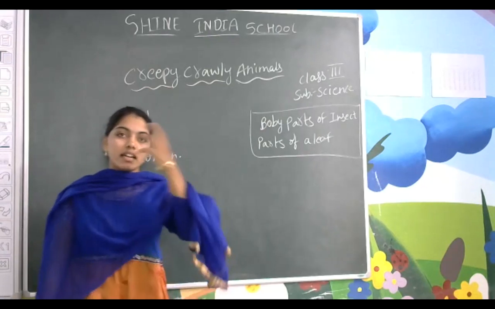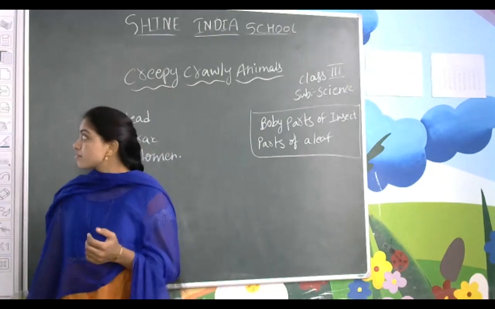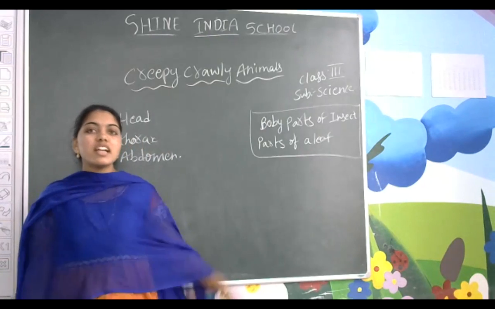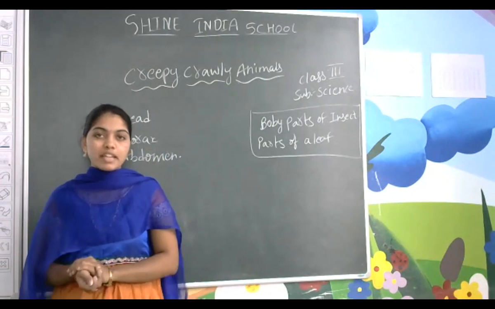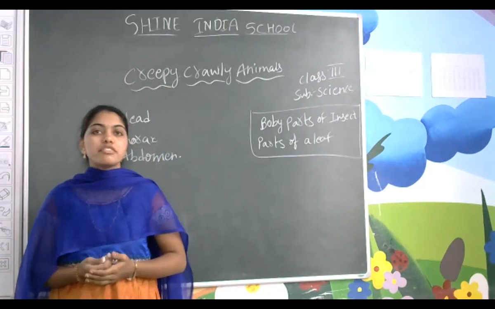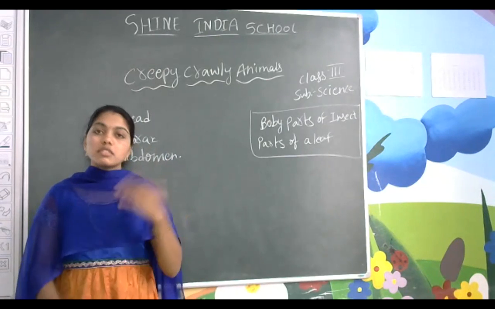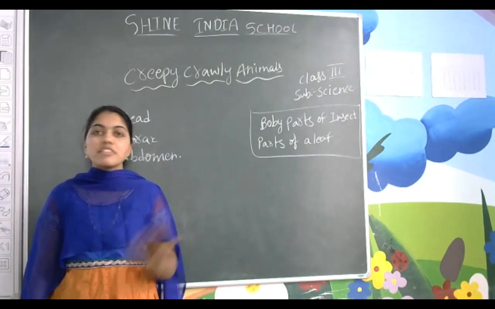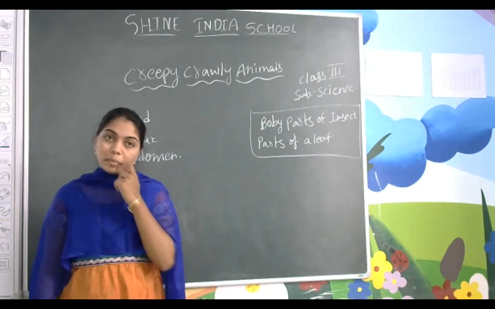Because of that, their body structure is divided. One more thing: every insect or animal needs to move from one place to another in search of food, or to escape from predators.